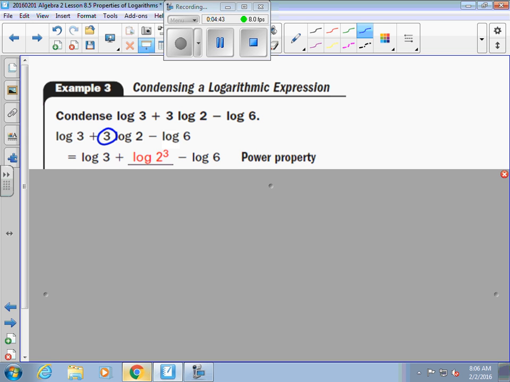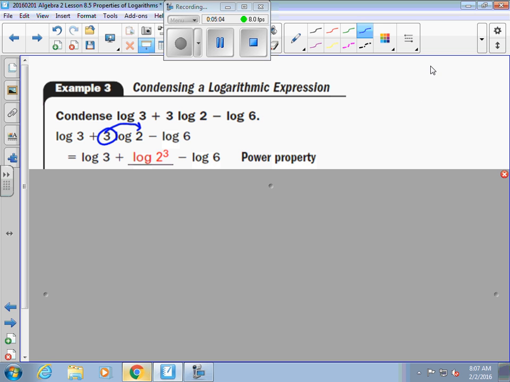Again, everything's backwards, the power property. It's backwards of what we did on example number 2. So this goes here, and it becomes an exponent of 3. So now you have log of 3 plus log of 2 to the third minus log of 6.